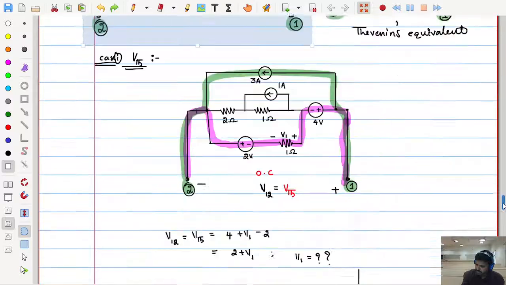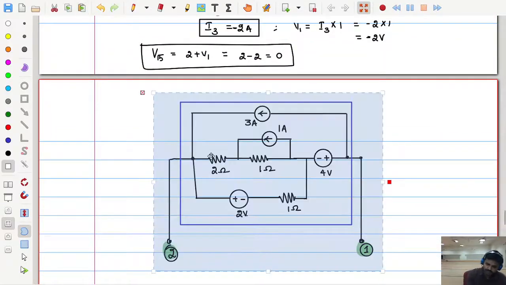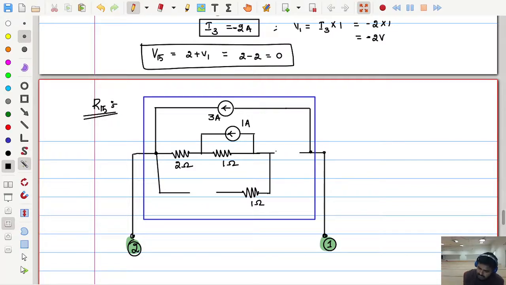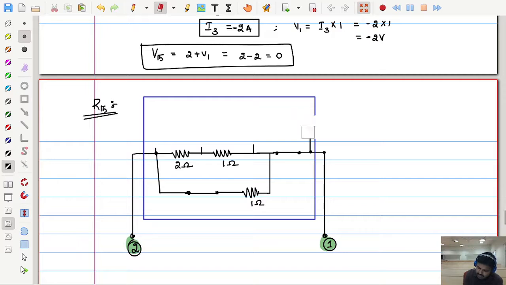What we need to do to get the RTH? We have to replace all sources by 0 values. How do we make that 0? If there are any voltage sources, replace those by short circuit. What about current sources? Open circuit. I am removing these terminals also; these terminals are of no use.